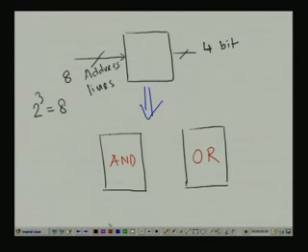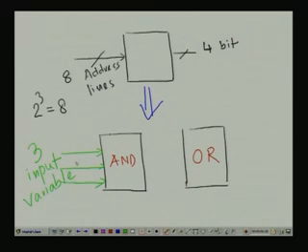So, here the AND gate will have 3 inputs, 3 input variables. And there will be 8 minterms that will be fed, and there are 4 bits.